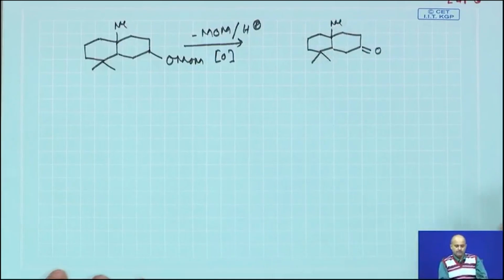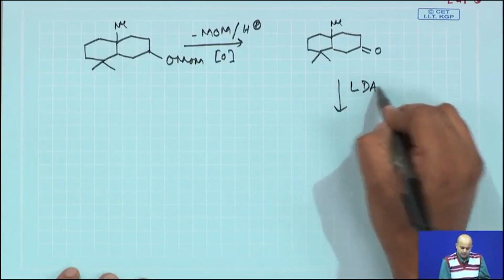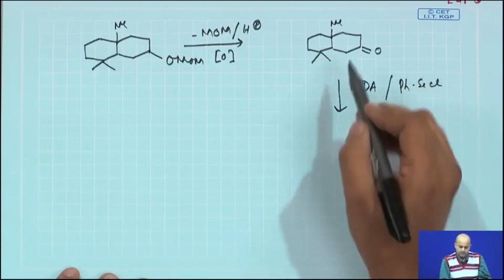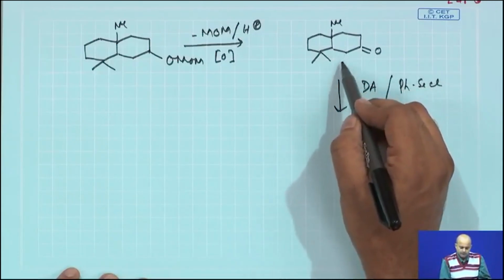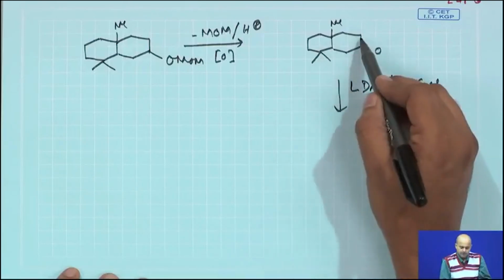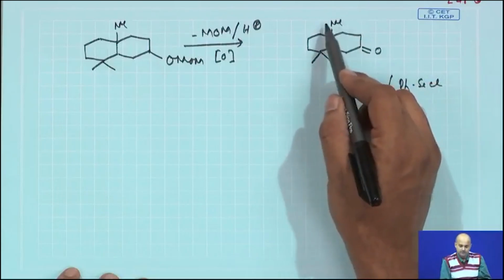Now, if you see, we will be doing a similar kind of reaction, LDA, PhSeCl. These hydrogens are definitely there, but in close proximity you have this gem dimethyl group. Here you do not have any such steric crowding, the one methyl group is there a little bit away.